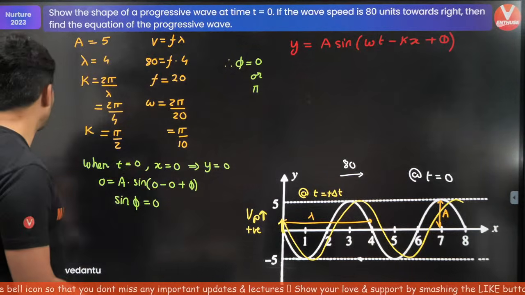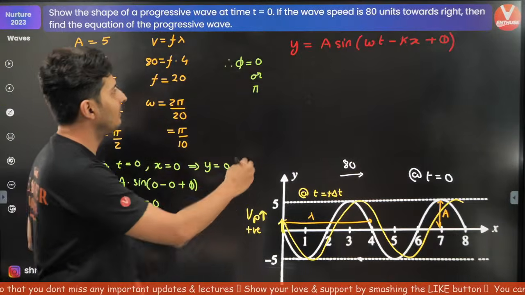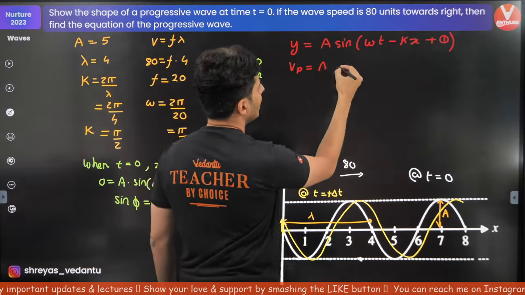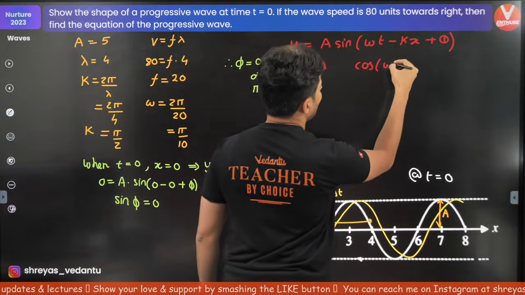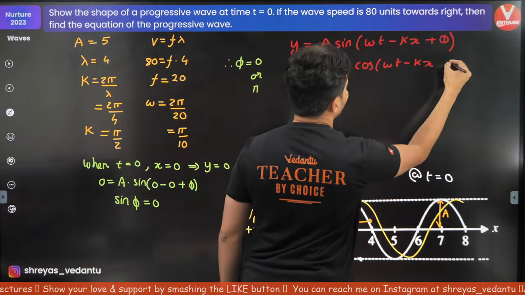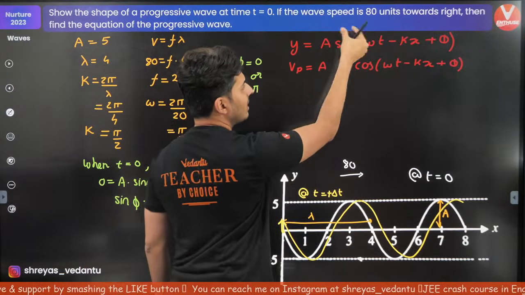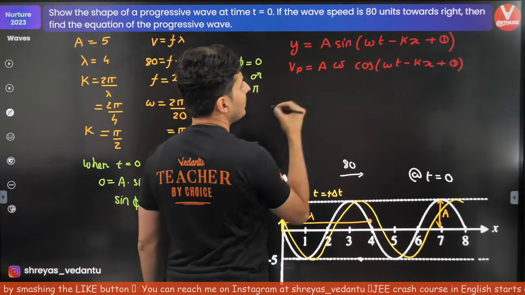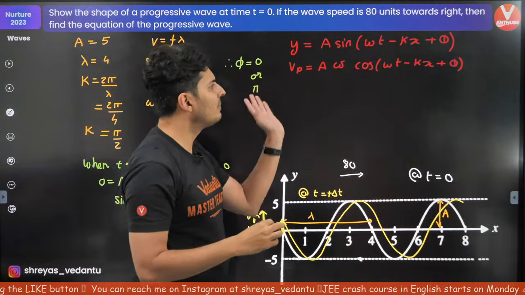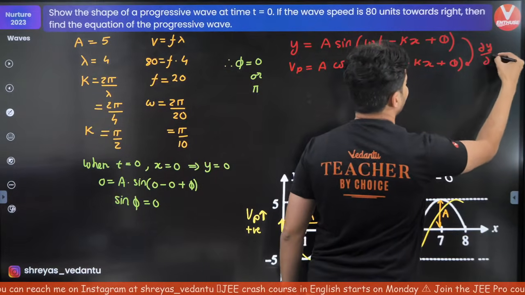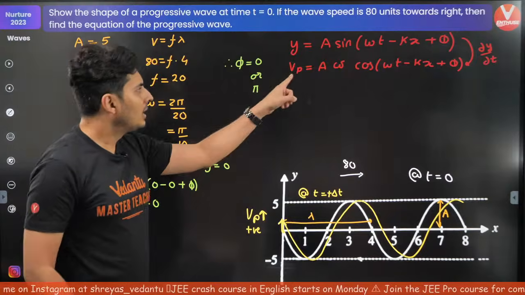Now, let's try to see what should be the particle velocity. If this is y, what should be the particle velocity? Take the derivative. A, sine's derivative is cos of omega t minus kx plus phi, and the coefficient of t will come outside, so it will be nothing but omega. Okay, I just took the derivative. Vp is dy by dt.